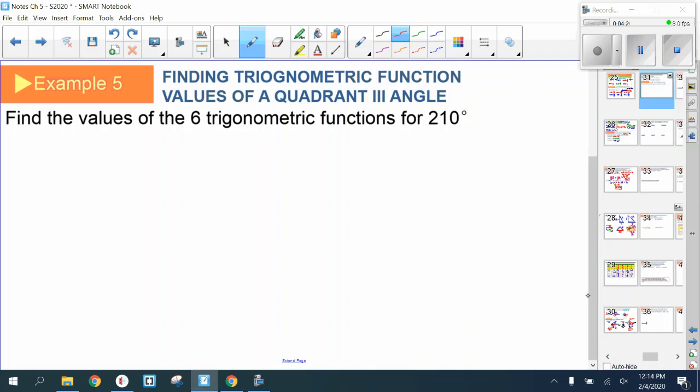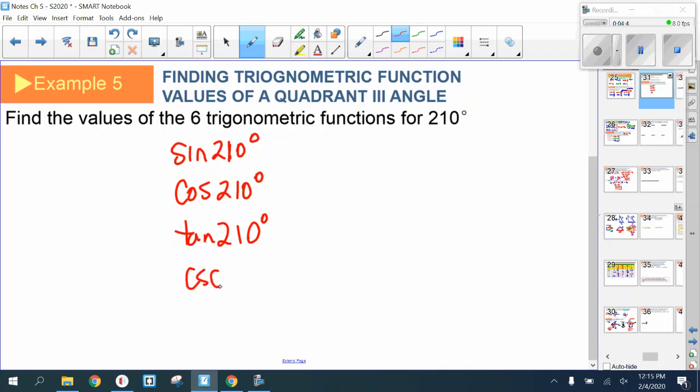What that means is we want to find sine 210 degrees, cosine 210 degrees, tangent 210, cosecant 210, secant 210, and cotangent 210. That's what we're trying to find. Okay?